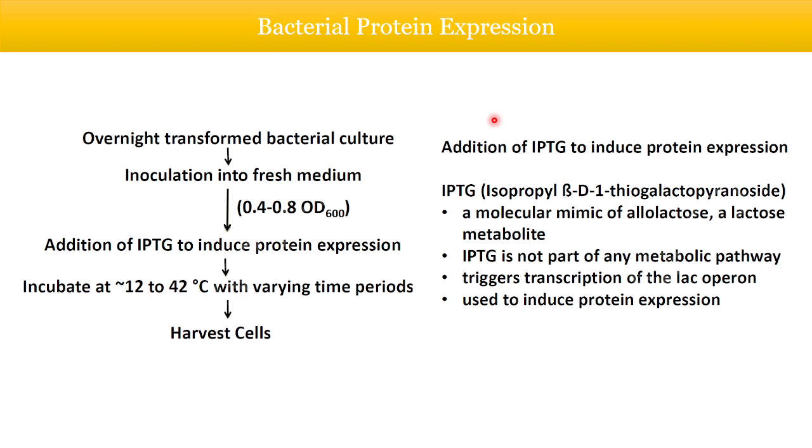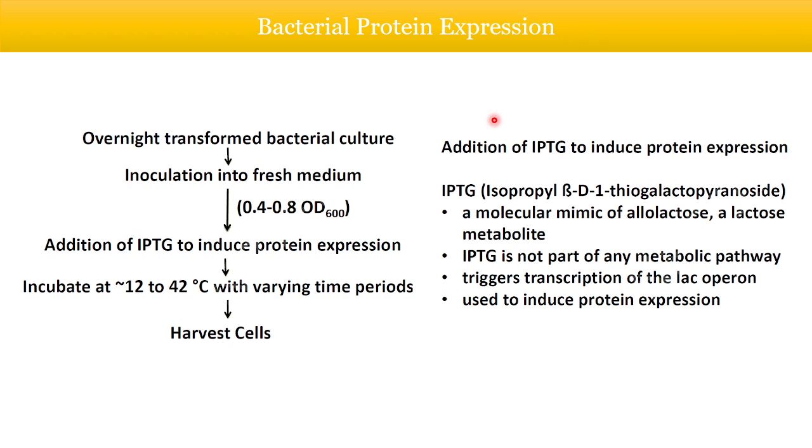But when you have IPTG, which is a mimic of allolactose, it goes and binds to the repressor, so the repressor does not bind to the DNA, and the RNA polymerase can bind, and the protein expression continues.